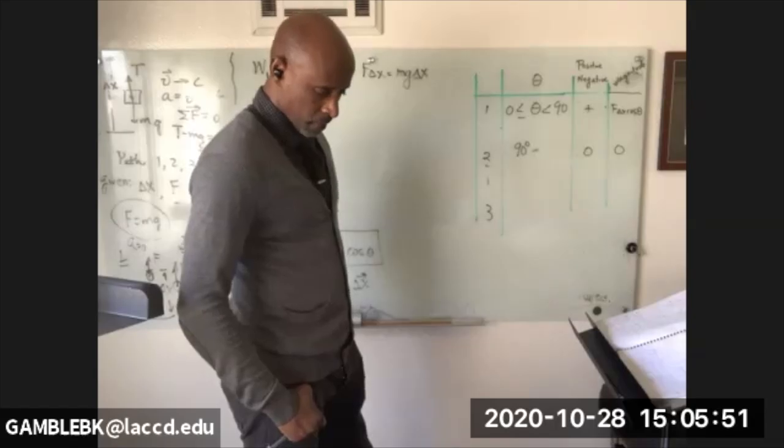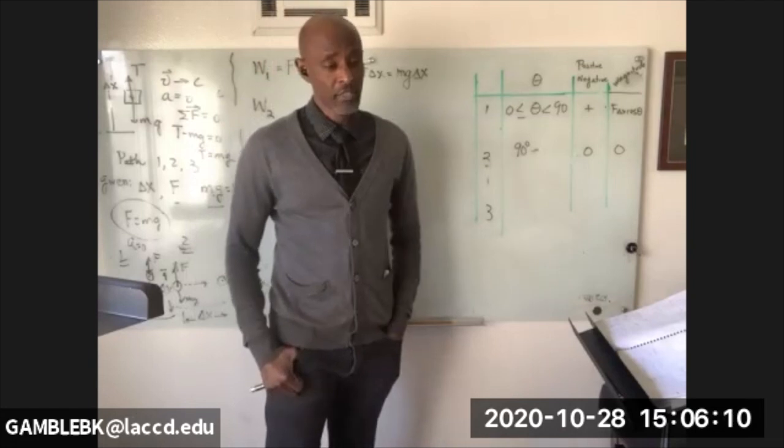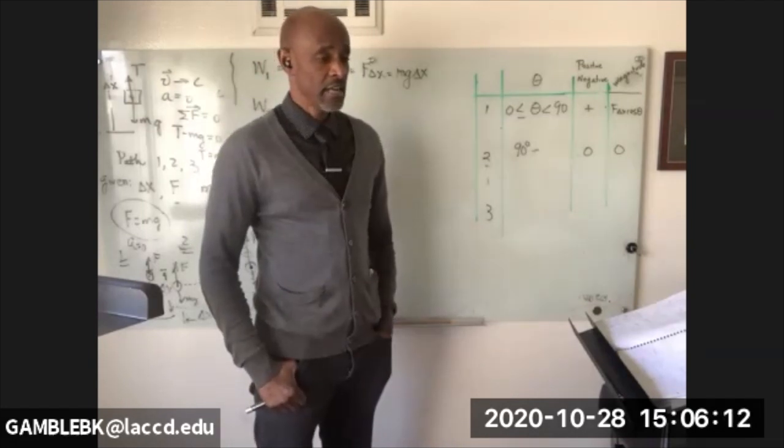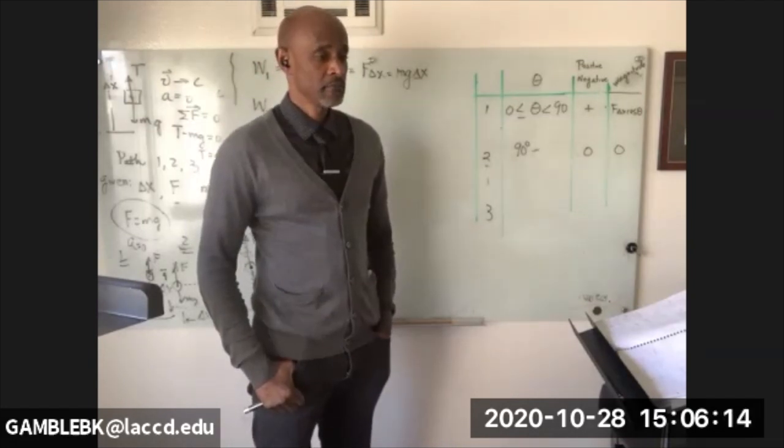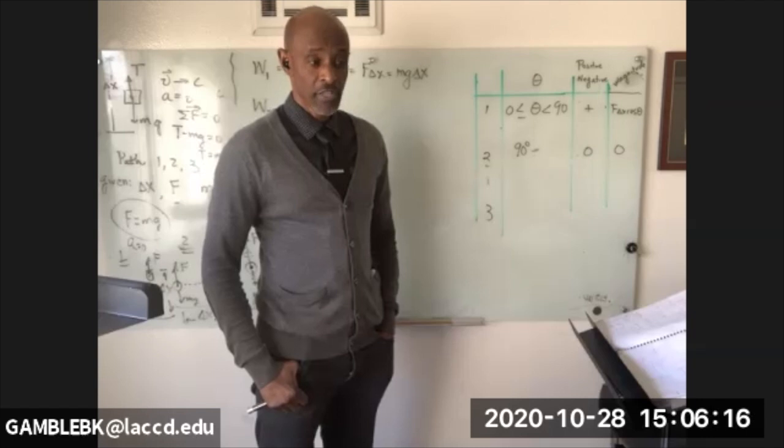So if we want to calculate the work done by friction, that means the angle will be over 90, in that scenario you gave. In that scenario, the angle for friction is always 180 in every case. Do you see that?